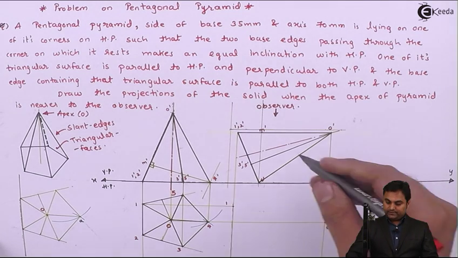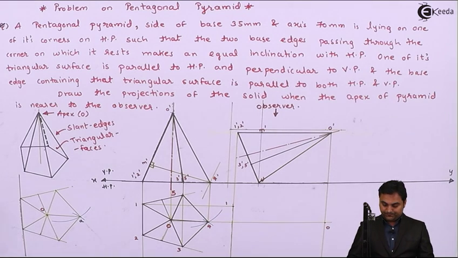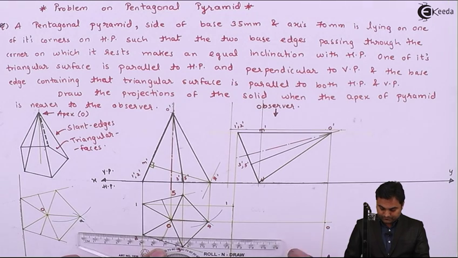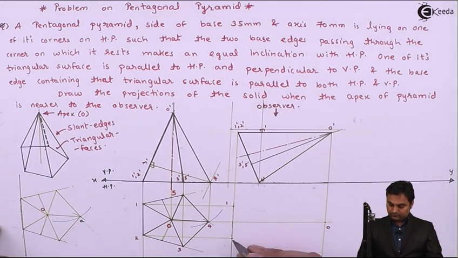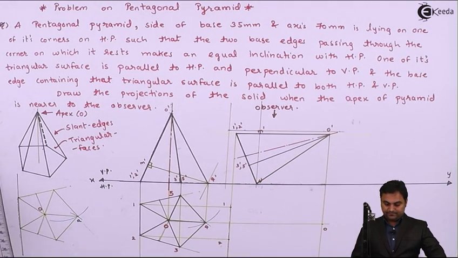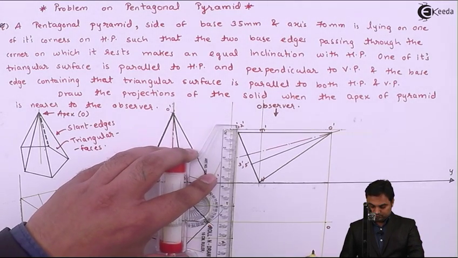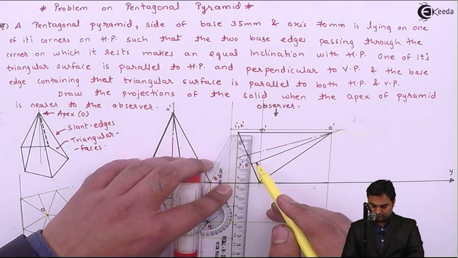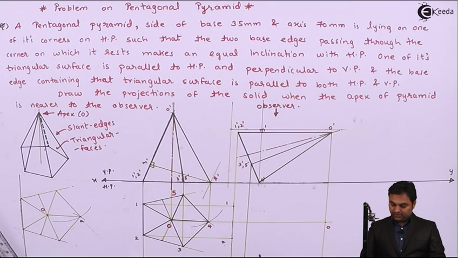Next, 1 and 2 are on the same line, so here I'll project 2 as well. 3 and 5 are on the same line. Point 3 will be projected.